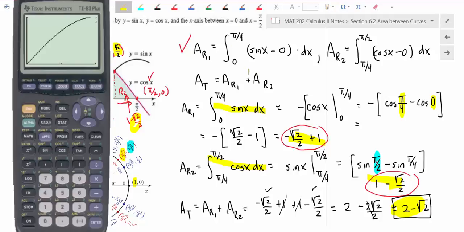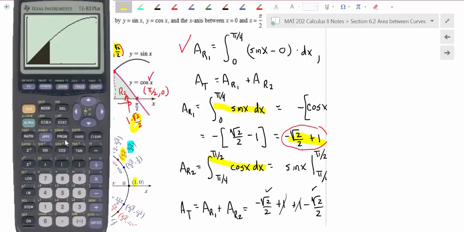And then we're going to integrate from 0 to pi over 4. So if I go through and go second trace, option 7, lower limit is 0, upper limit is pi over 4. Pi over 4 is an irrational number, so it should shade it in, and it should give a decimal approximation.